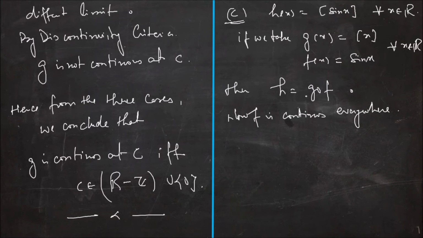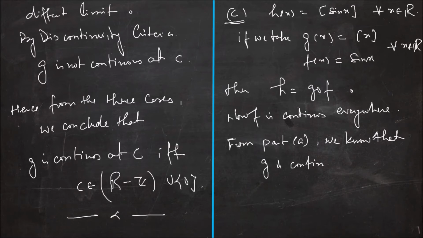So we have to check at the points where g is discontinuous. Now from part A, we know that g is continuous on R minus Z.